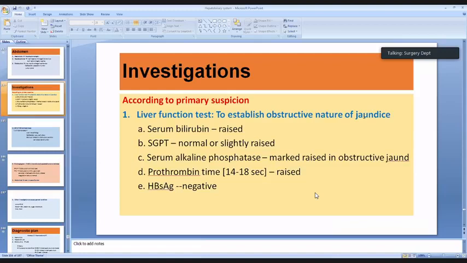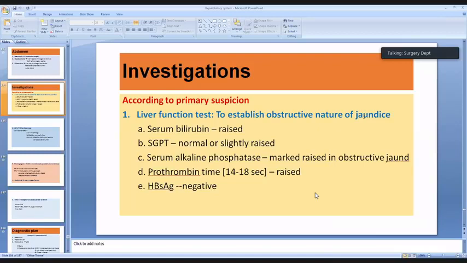Serum bilirubin is raised, SGPT normal or raised, serum alkaline phosphatase markedly raised in obstructive jaundice, prothrombin time may be raised, HBsAg is negative. That means if we do the liver function test in hemolytic jaundice, only bilirubin is raised.